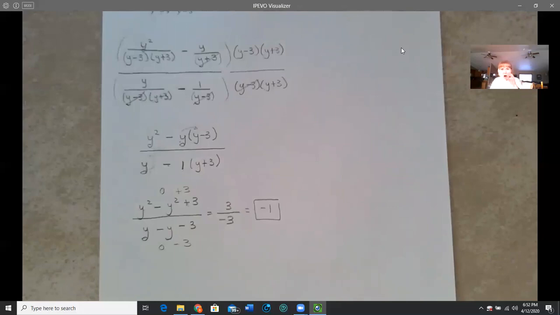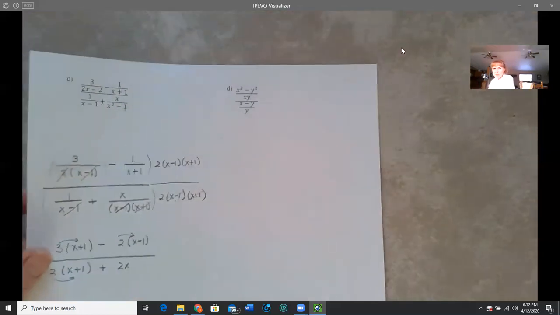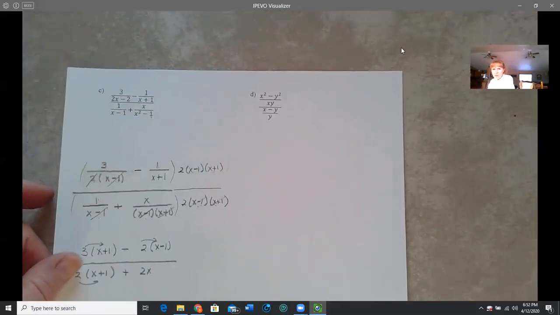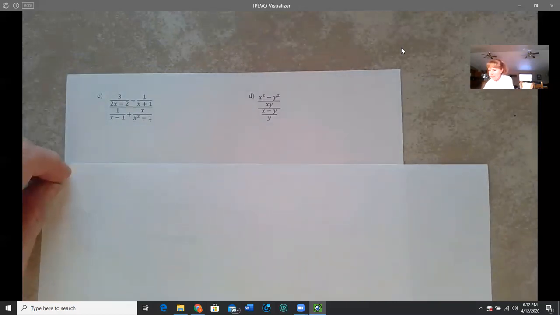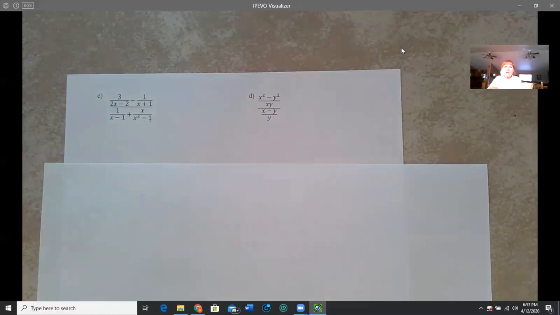Now, that's kind of the hard part of this section. The next part is a little bit easier. So this is going to be method 1. You use method 1 if your fraction looks different. So let's compare C and D. If you look at C, you have 4 fractions, so you have fractions within a fraction.